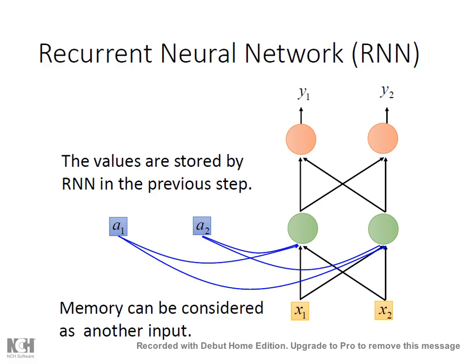Here are the input and output, everything is the same, but we add memory here. Each memory will have a link to a neuron. You see, here we have two memories. Do you see? So memory can be considered as another input.